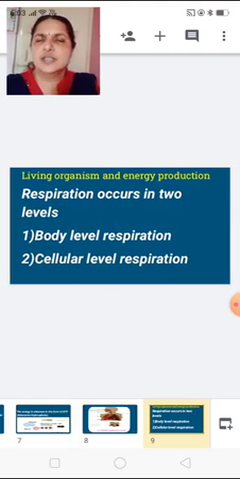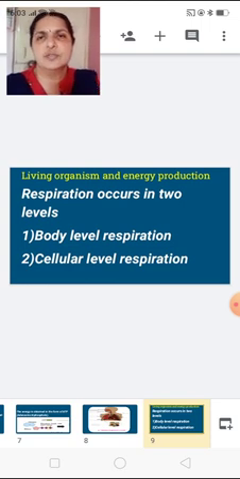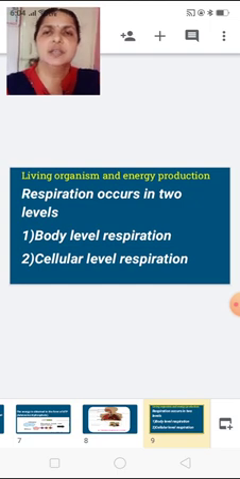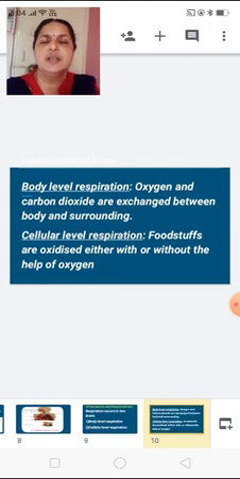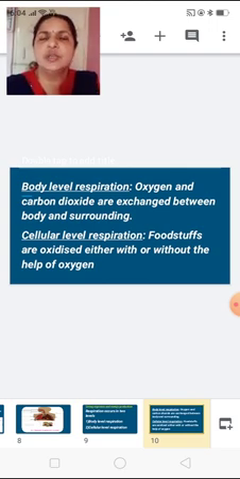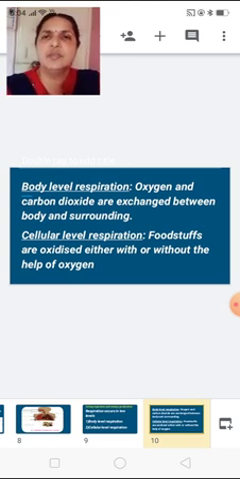For energy, there are 2 levels of respiration. One is body level respiration, and the next is cellular level respiration. From the name itself you can make out, one is in the cells, another is at the body level. What is body level respiration? Oxygen and carbon dioxide are exchanged between the body and the surrounding. That is our normal breathing. When we breathe in air, we take in oxygen and give out carbon dioxide to the surrounding.